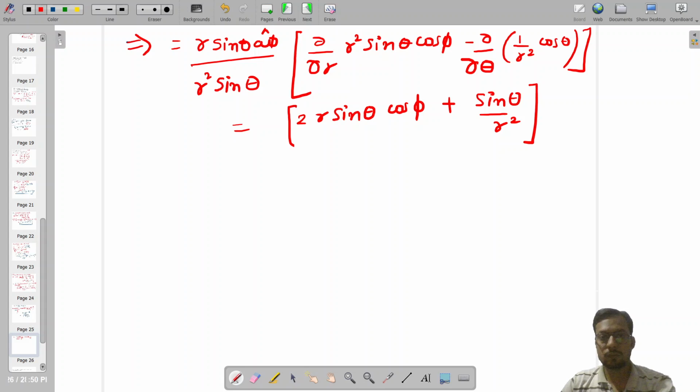And we have this term, this theta gets cancelled out, this r gets cancelled out, so we have a phi times 1 by r. So the final answer will be, I am writing the final answer.